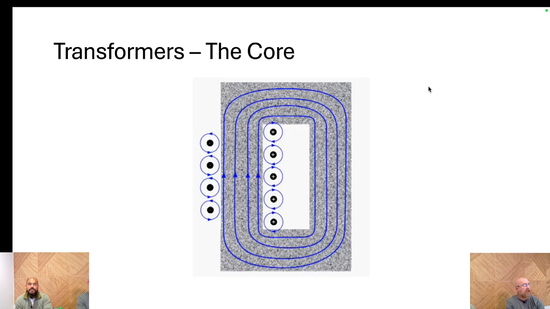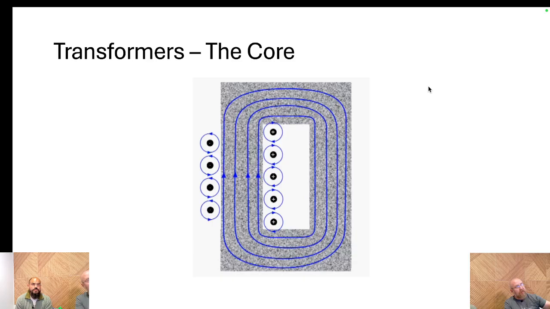So here is our iron core. Now notice the difference here versus the other one. The iron core is such a good conductor that it takes the magnetic field and concentrates it all the way around in a racetrack loop here.